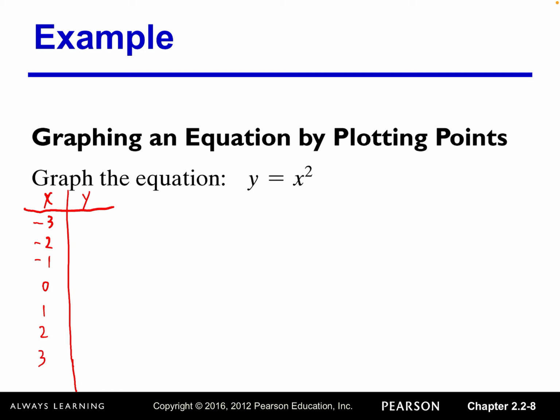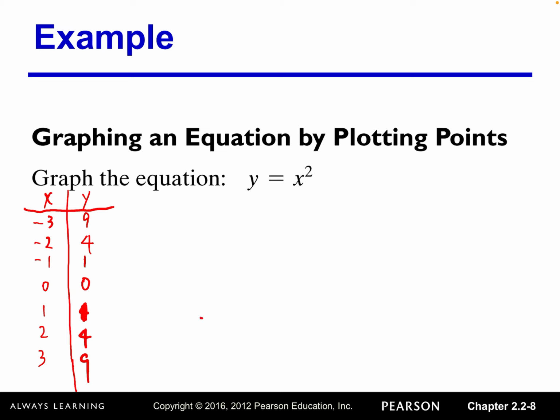When x equals -3, -3 squared, y equals 9, right? When x equals -2, -2 squared equals 4. When x equals -1, -1 squared is 1. When x equals 0, 0 squared is 0. And you notice when x equals 1, 2, 3, squaring is the same as squaring the negative of the number, so that would be 1, 4, and 9.